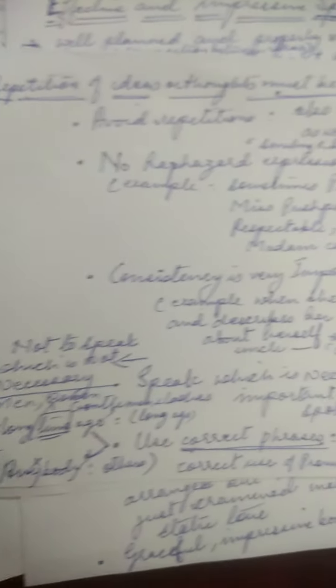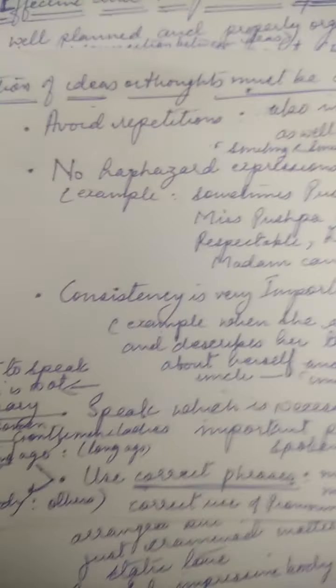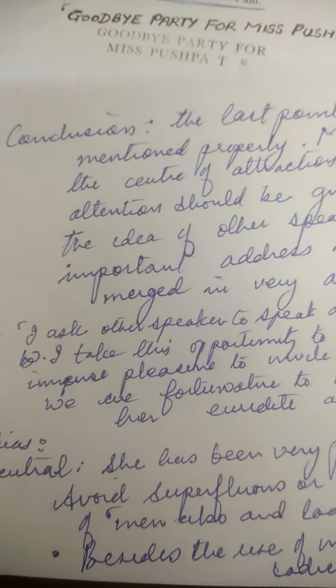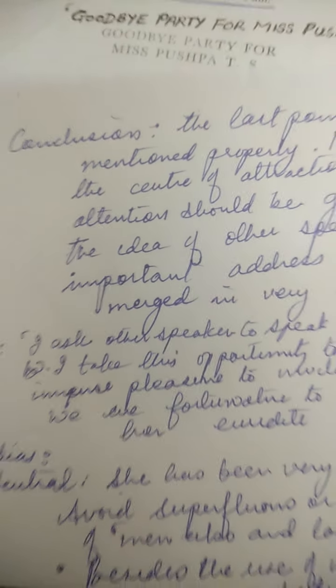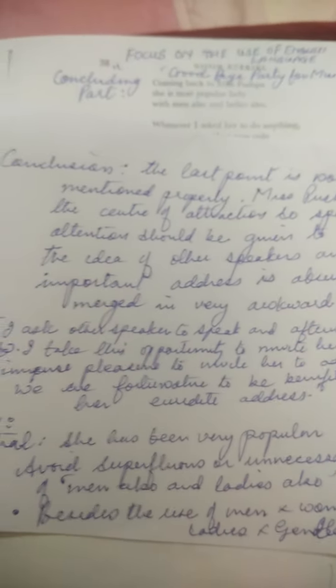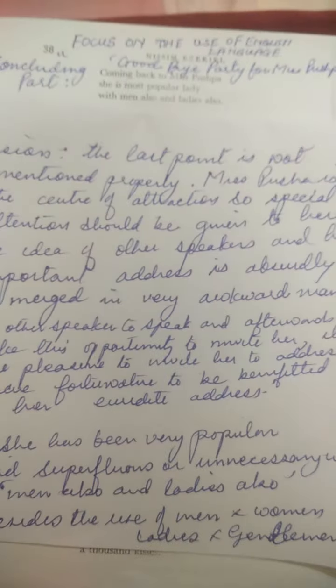Now we come to the point when we talk about the art of oratory. When you address the audience, there must be a proper conclusion of the point. This is very, very important. As the introduction is important, likewise the conclusion is also very important.